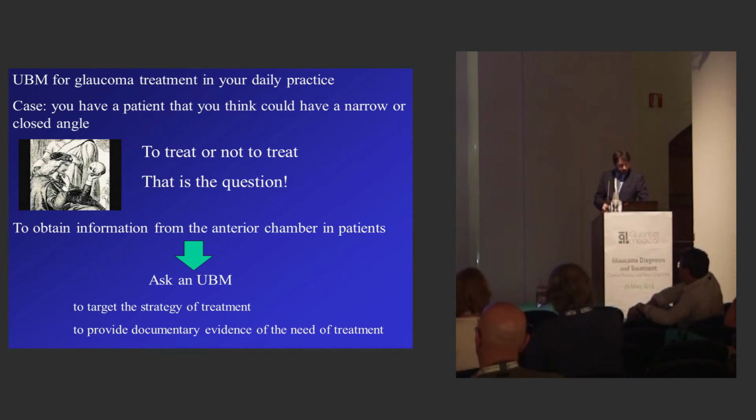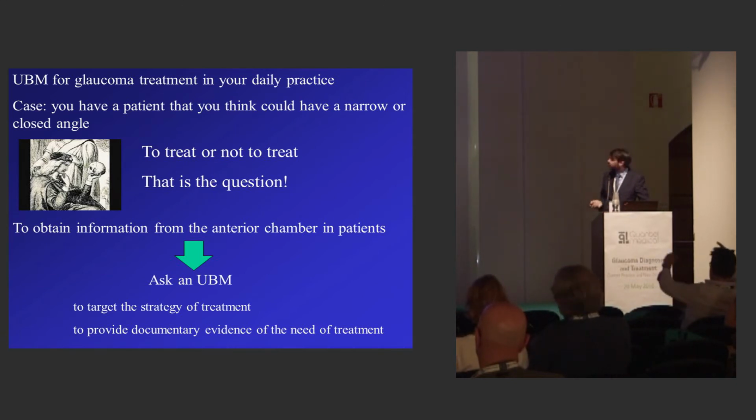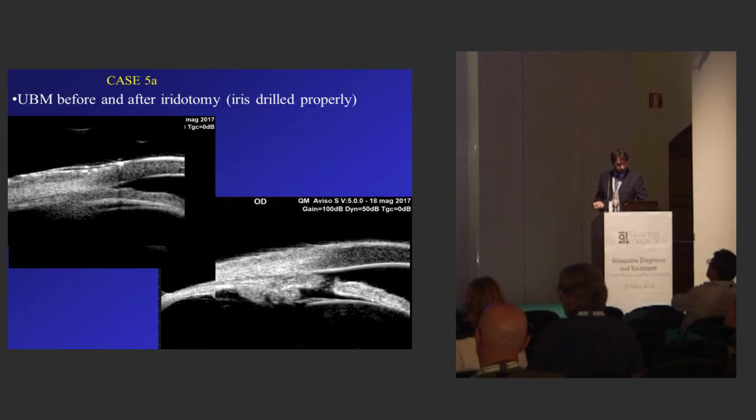For me, if you ask for a UBM, you can target the strategy of treatment, provide the documentary evidence of the need for treatment, and after you can repeat the UBM and see the efficacy of your treatment, like in these cases, before and after.